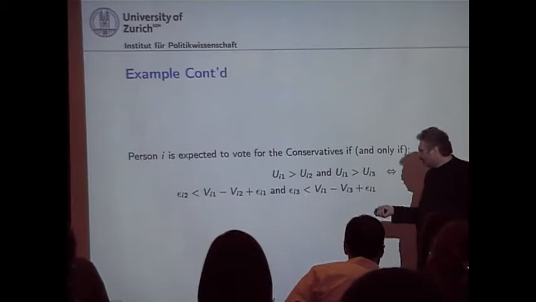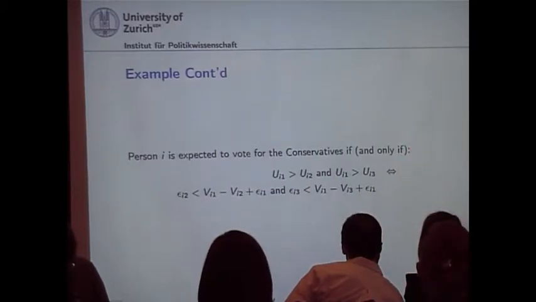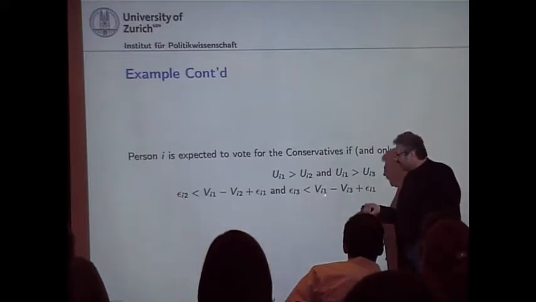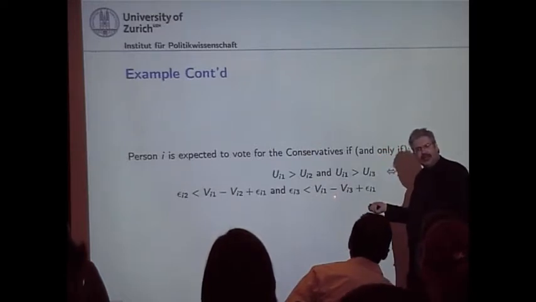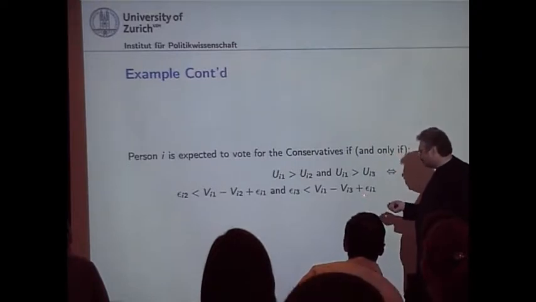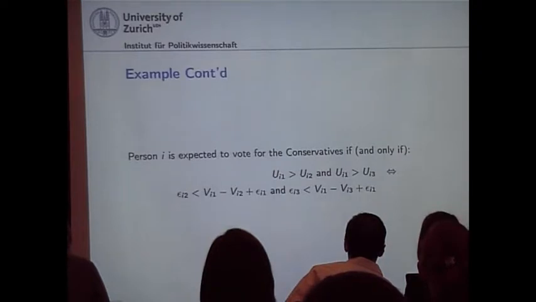And at the same time, the random component associated with the Liberal Democrats is less than the systematic utility for the Conservatives minus the systematic utility for the Liberal Democrats, plus the random component of the utility for the Conservatives.